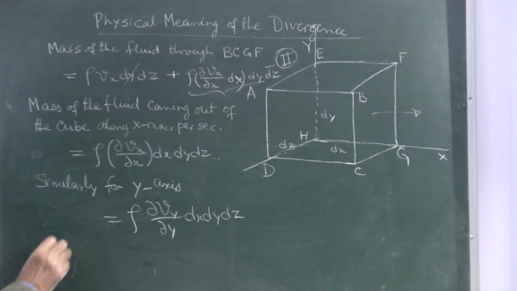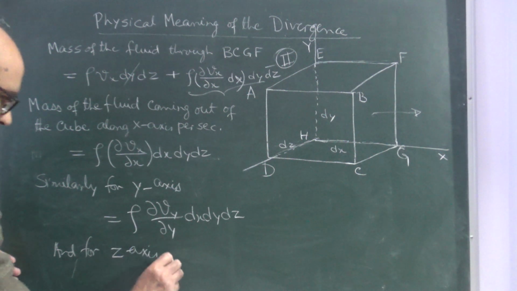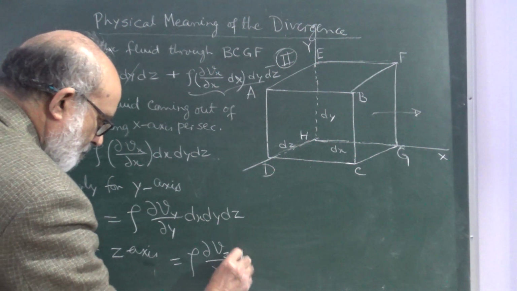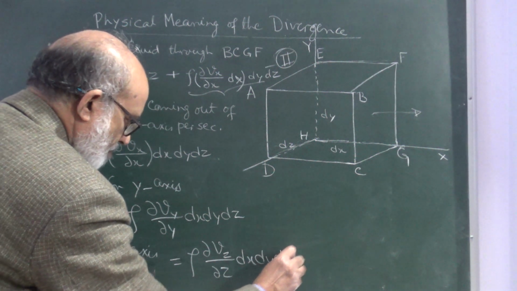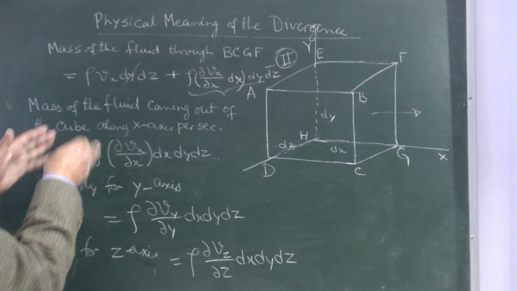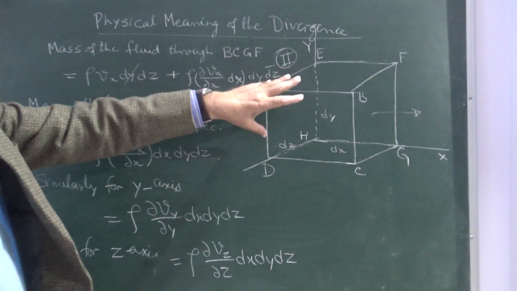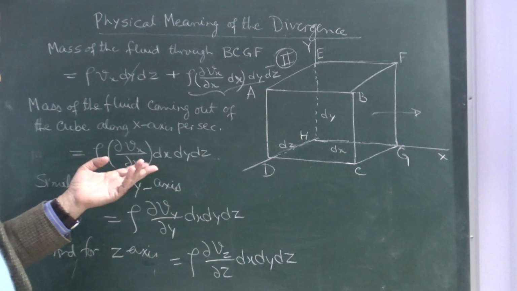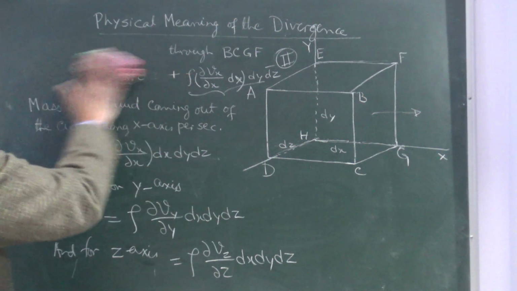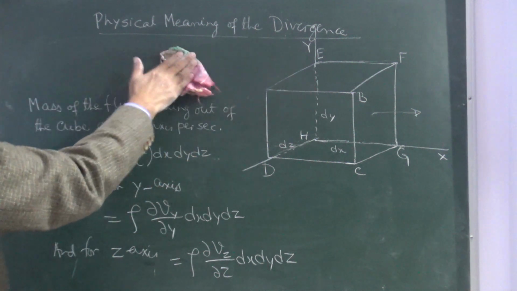And for the z-axis, this will be rho times dvz by dz, dx, dy. So if you add this whole thing, the flux out of the volume will be the sum along the x-axis, y-axis and z-axis.